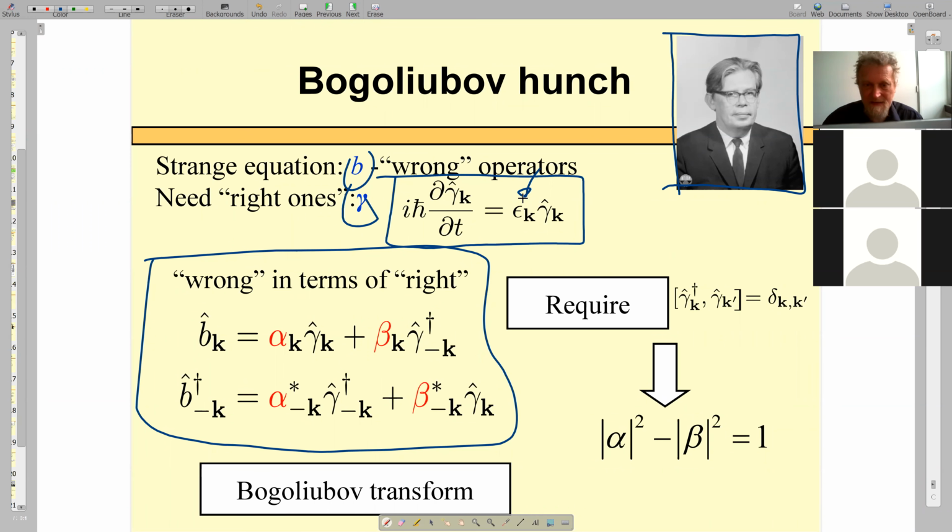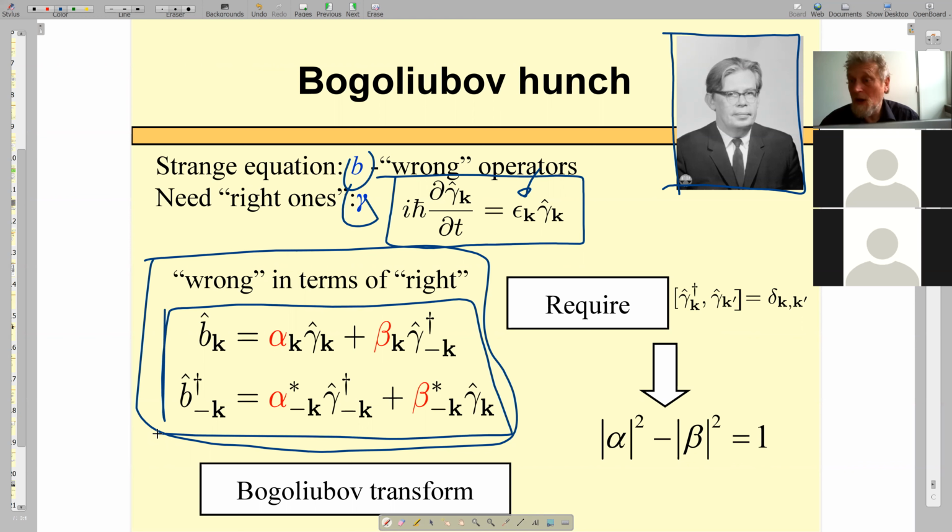Right. And how to get from wrong to right, or perhaps one could go back from right to wrong. It is again a linear transformation, which mixes creation and annihilation operators, the so-called Bogolyubov transform.